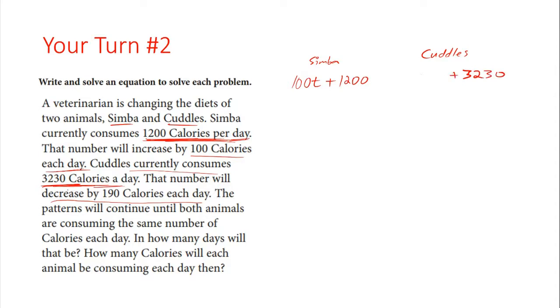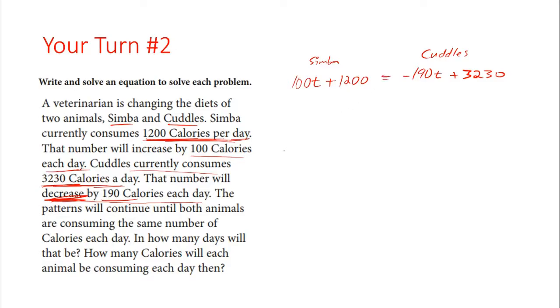But he decreases. Decreases is not growth. That is decay, my friends. So minus 190 calories per day. At 1,900 he would be gone in like a day.